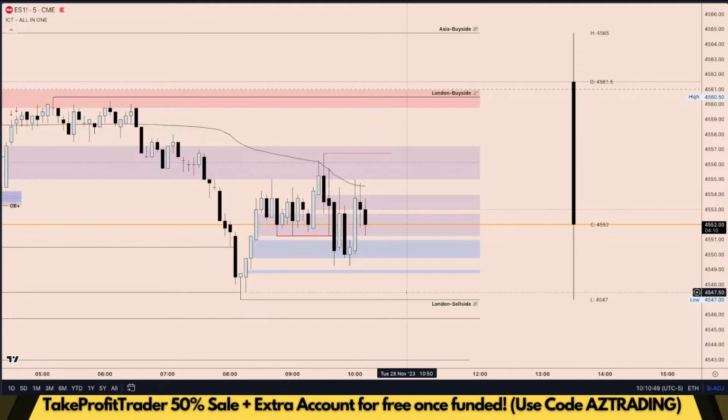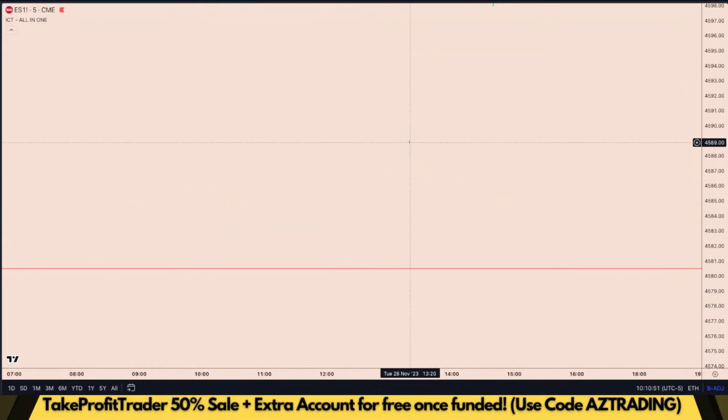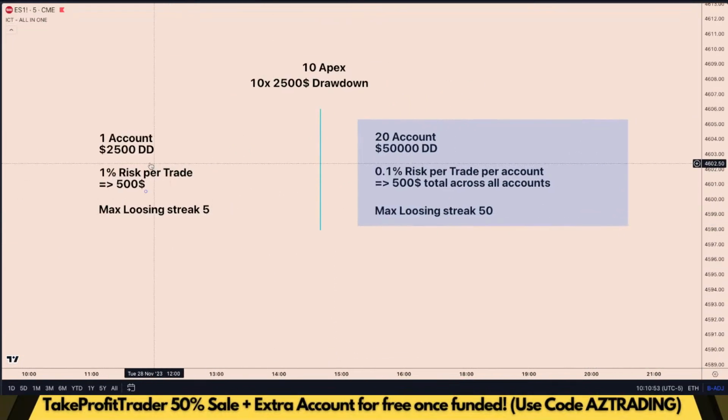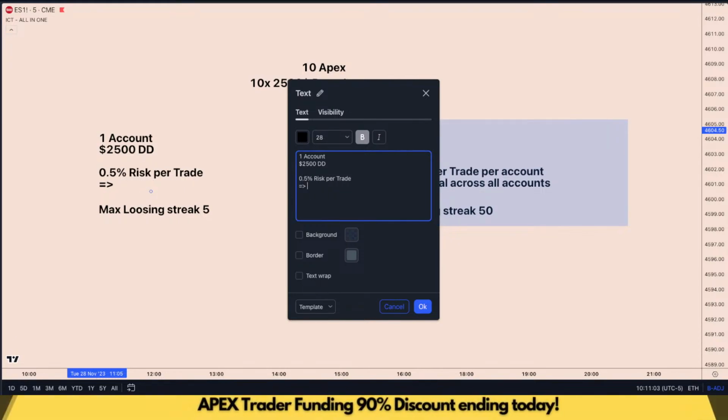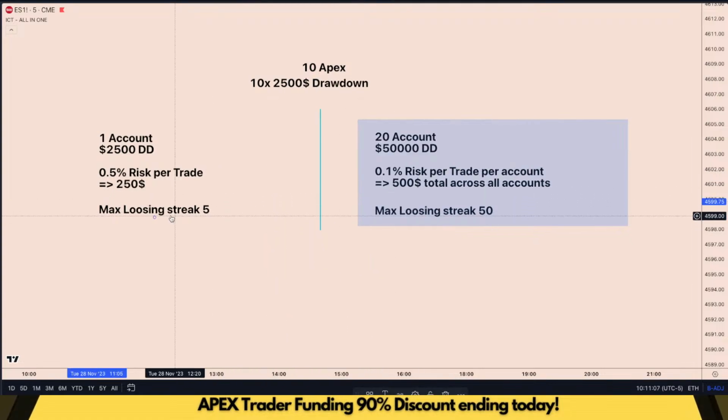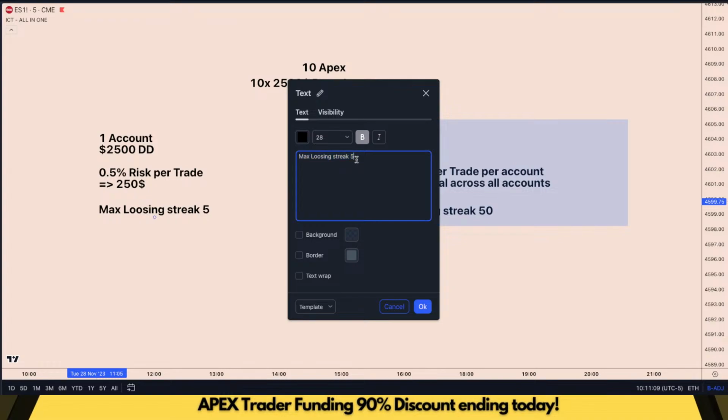So most traders right now on Apex, let's say, for example, me, if I trade a challenge on a 50k account, I risk 0.5%, $250 per trade. And this allows me to have a max losing streak of 10. And I can stomach that, I really can.